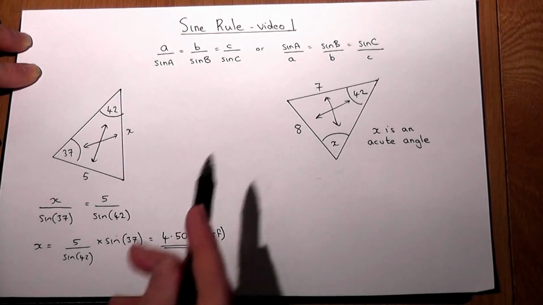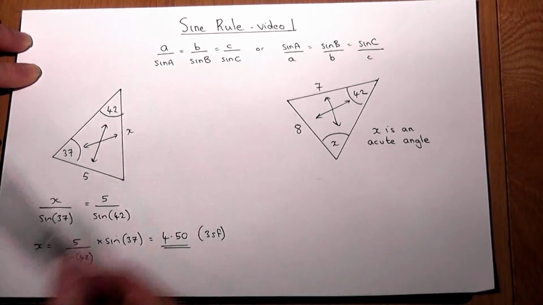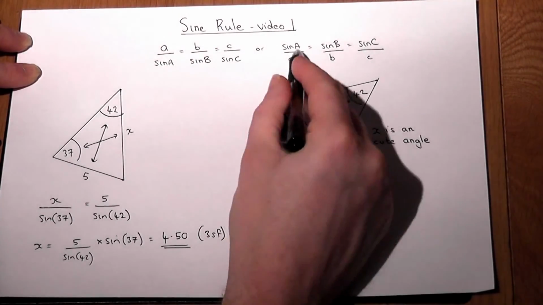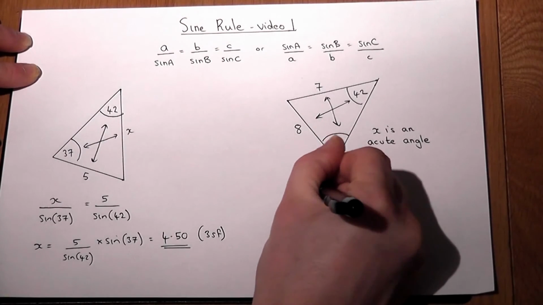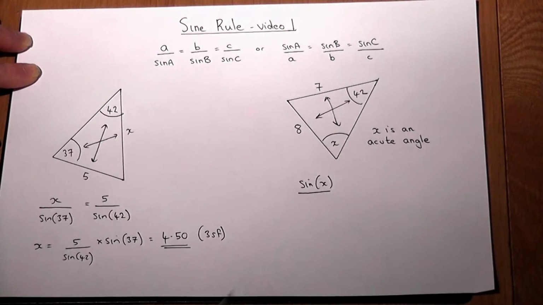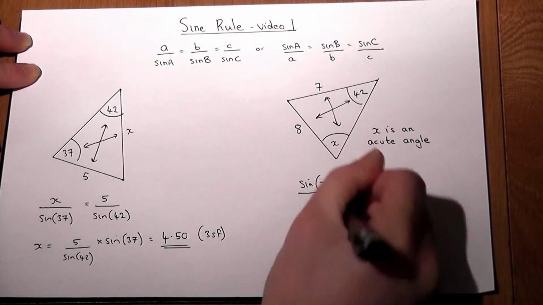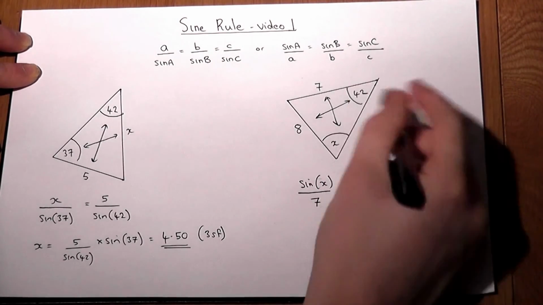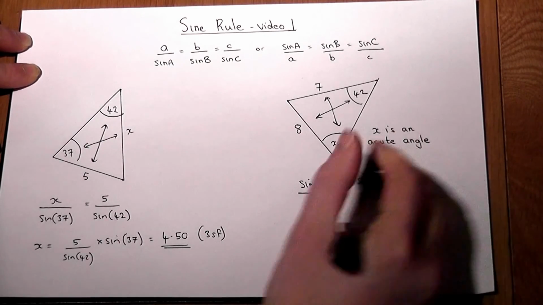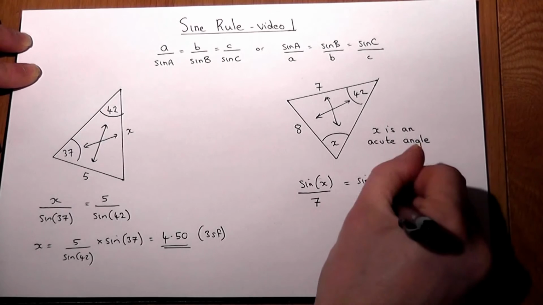Now we can actually spin the ratio over. So if I begin with x, then with the sine rule it says that sine of x over its opposite side, i.e. 7, must equal sine of the other angle over its opposite side, i.e. x.